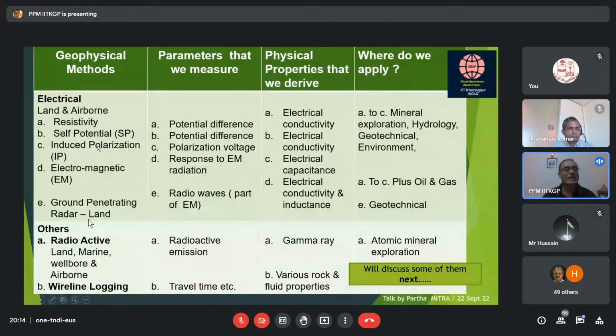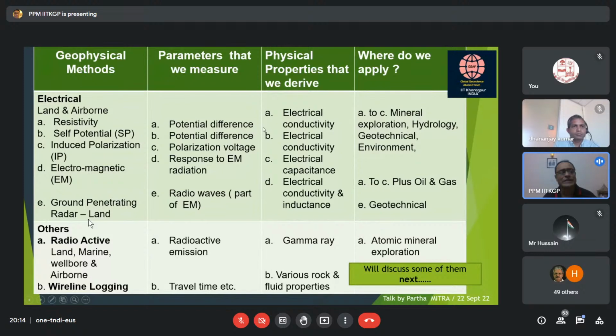Similarly, I will not go into detail on electromagnetic methods here, because I have a separate slide. It's an interesting slide which probably all of you will be interested to know. Similarly, ground penetrating radar I will discuss in one of the slides. These are the different methods of electrical principle, where your ultimate objective is to unravel the mystery of the earth and use that in mineral exploration, in hydrology, in the geotechnical environment.